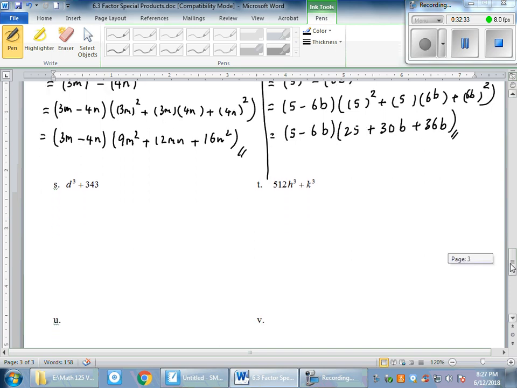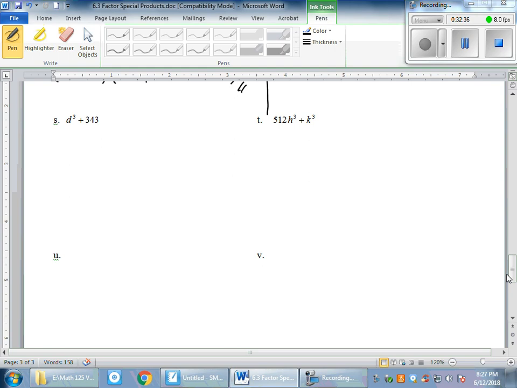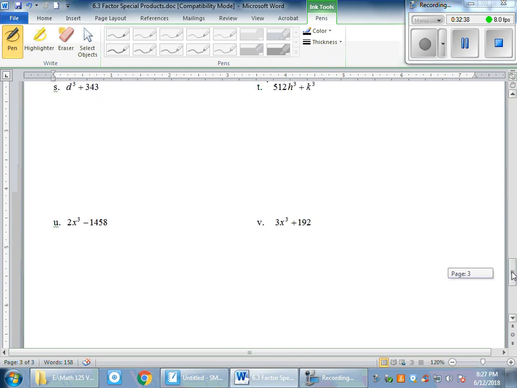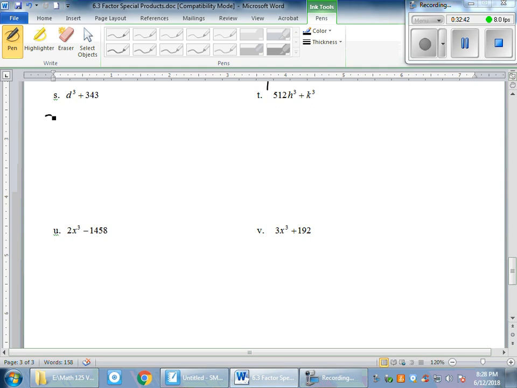Now let's take a look at an example of sum of two cubes. d to the third power is a perfect cube number. 343 is 7 to the third power. So it'll be plus 7 to the third power. Now you can see your first and your last clearly. Your first is d, your last is 7.